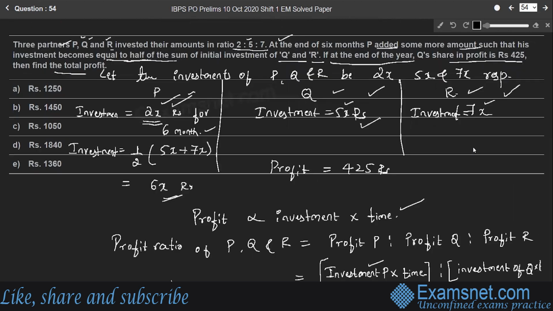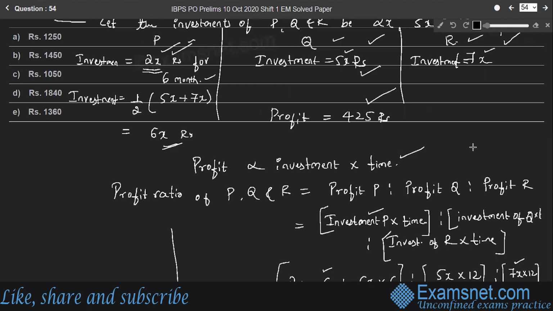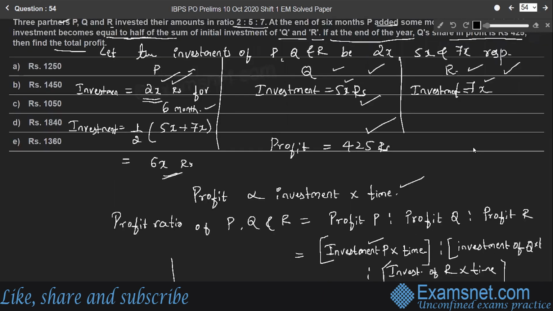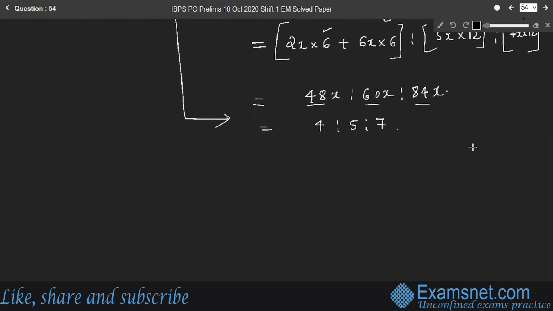Now we have to find the total profit. Consider the case of Q. What is the total profit if the ratio is 4 is to 5 is to 7? The total is 4 plus 5 plus 7, which is 16.